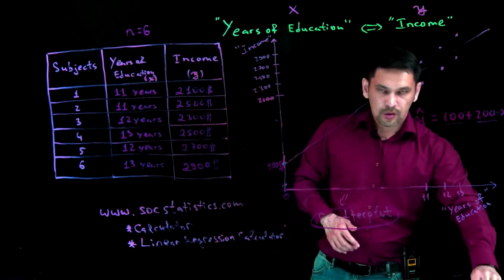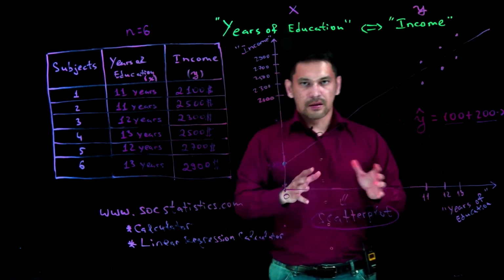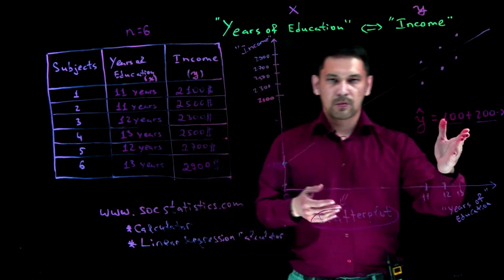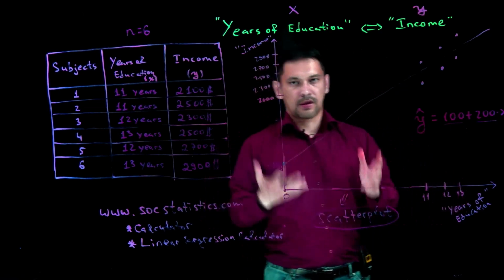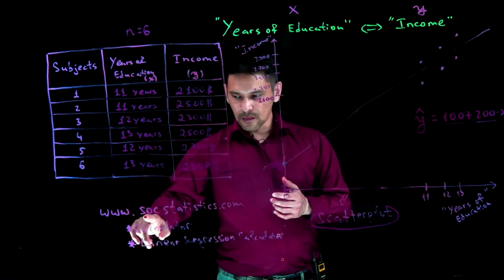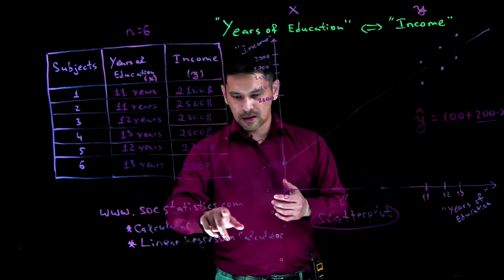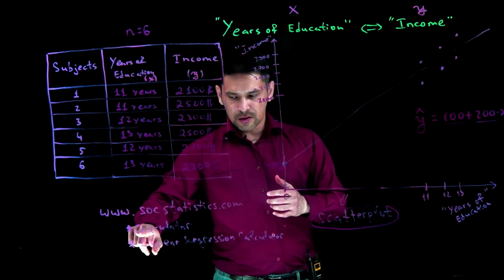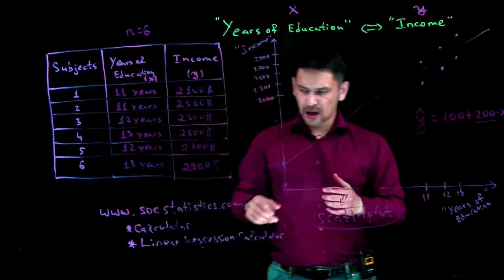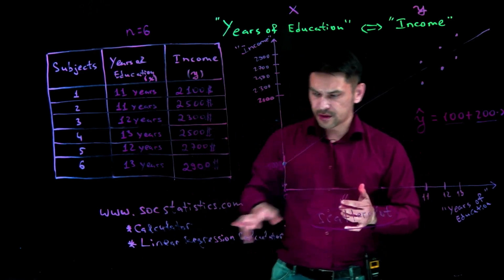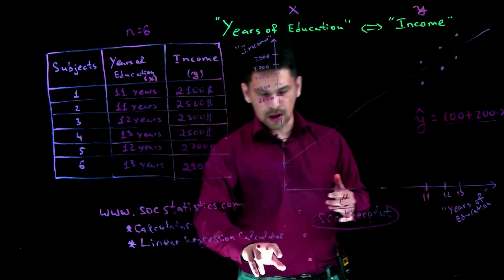Now, if you don't have any access to Excel, if you want to use your smartphones for building a regression equation, then you can use some kind of a statistical website. I can recommend this website. Please go to socstatistics.com and then click on the option called calculator, and the website is going to give you a list of calculators, and from that list please choose the linear regression calculator.